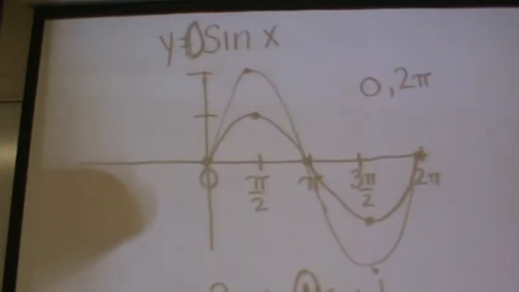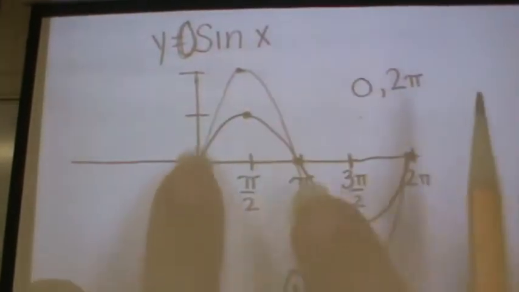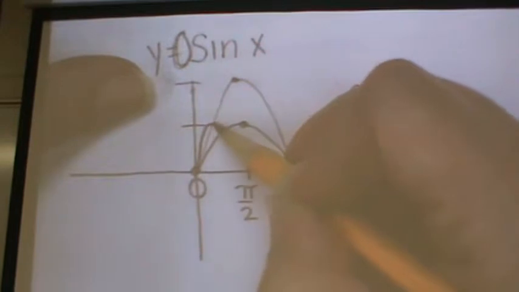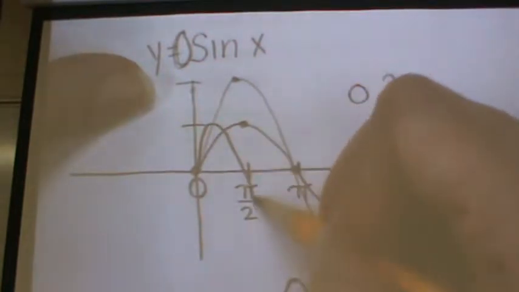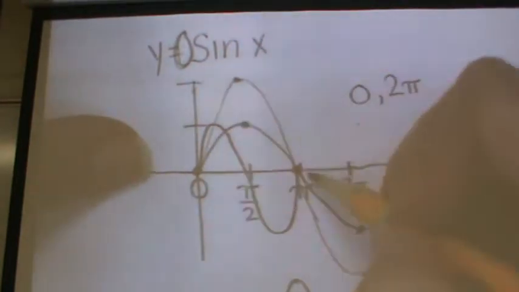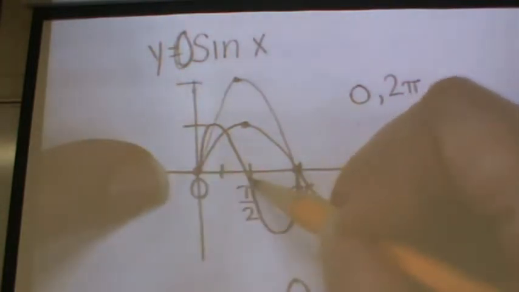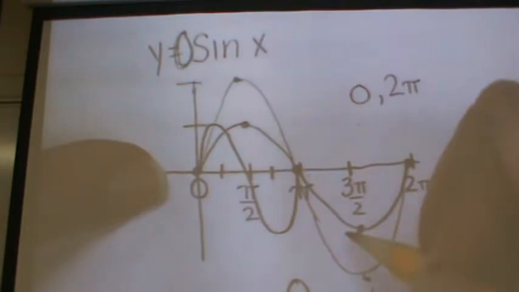Look at this, our first graph that we did. Here's 0 to pi. This thing has to complete the cycle: on, above, on, below, on. It has to do the 4 increments within 0 to pi.